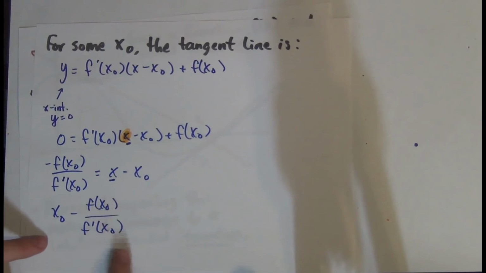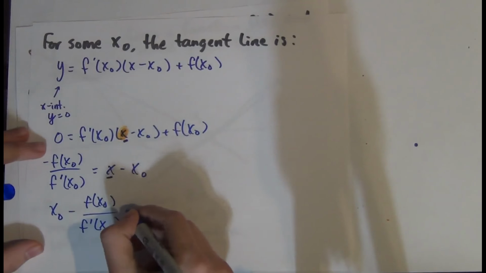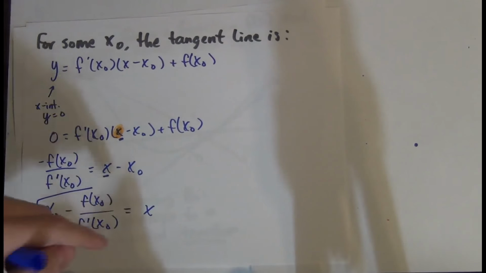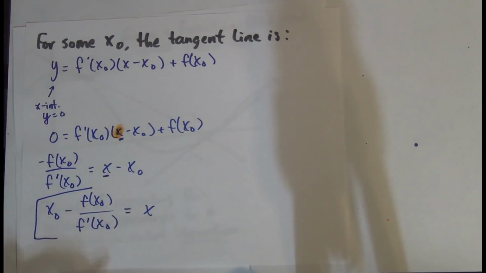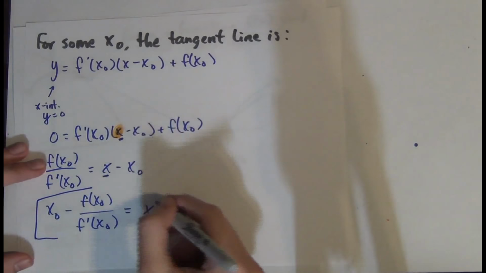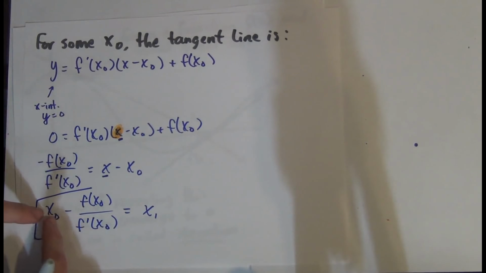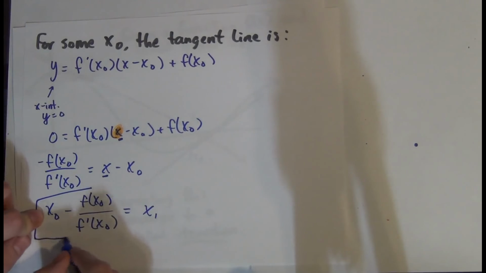Okay, so this represents your x value. And that's not what x equals technically, that's a better guess for x. So I'm going to call that x1 to symbolize that we used an initial guess x0 to get a better guess x1.